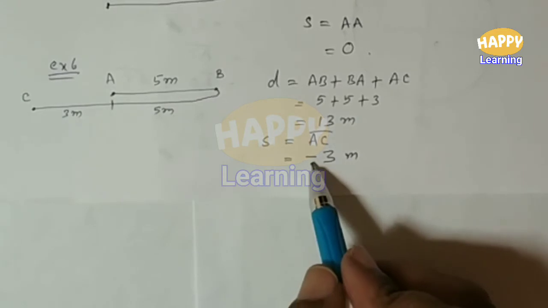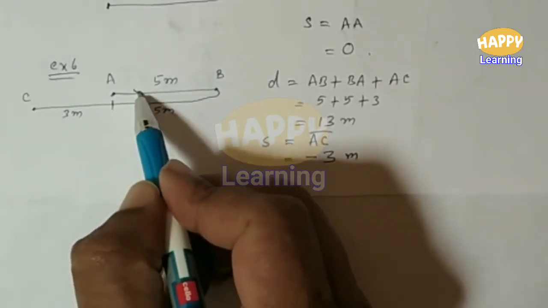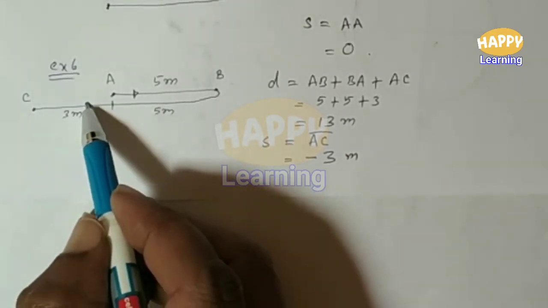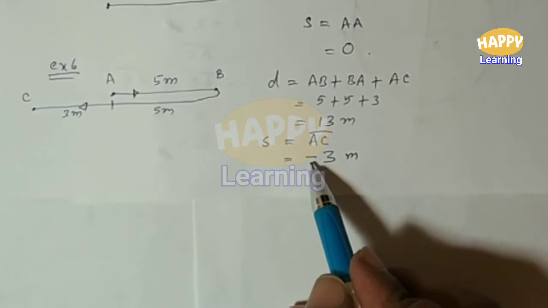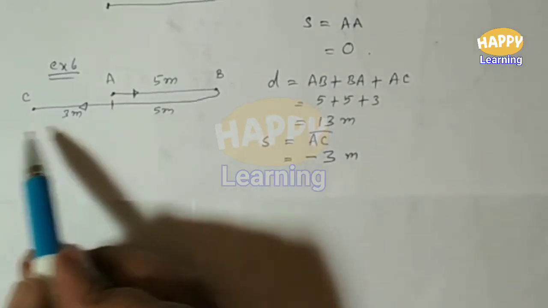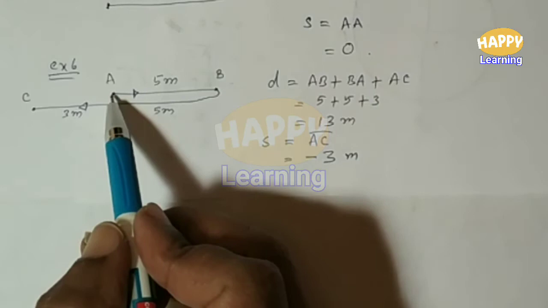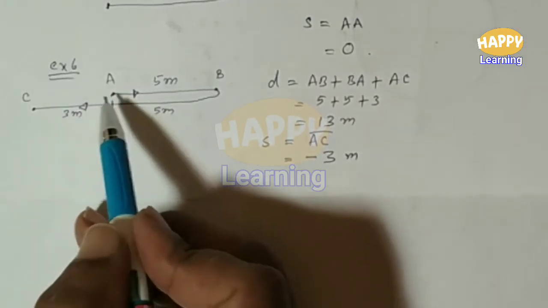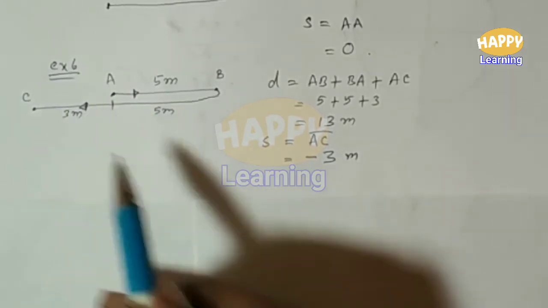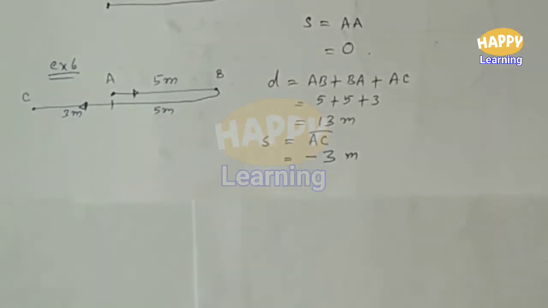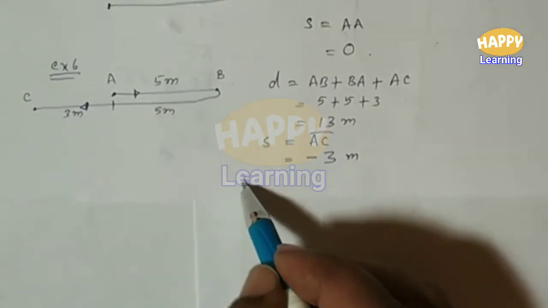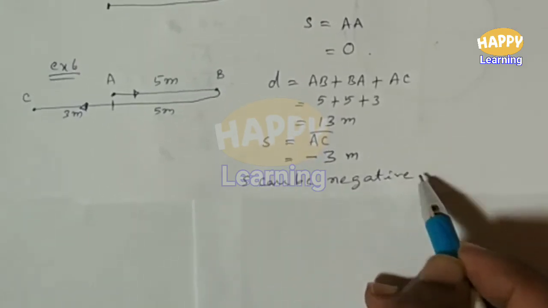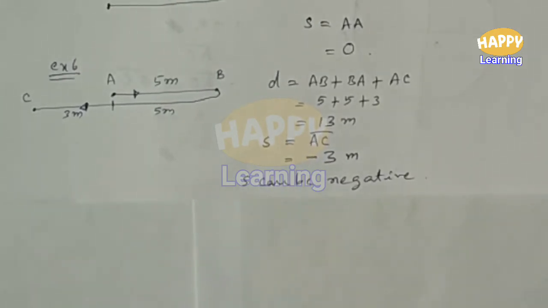This minus is to represent that the final point C is behind A. Initially it started from A towards B. Finally it is at C, which indicates the direction back from A to C. So this minus sign indicates behind A. So here the displacement is minus 3 meters. Therefore we can say that S can be negative.